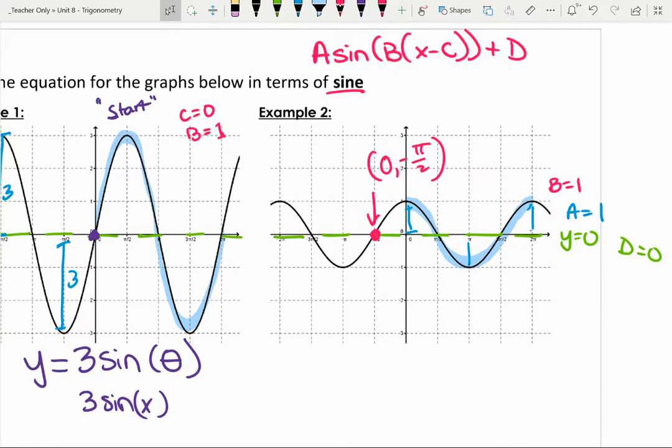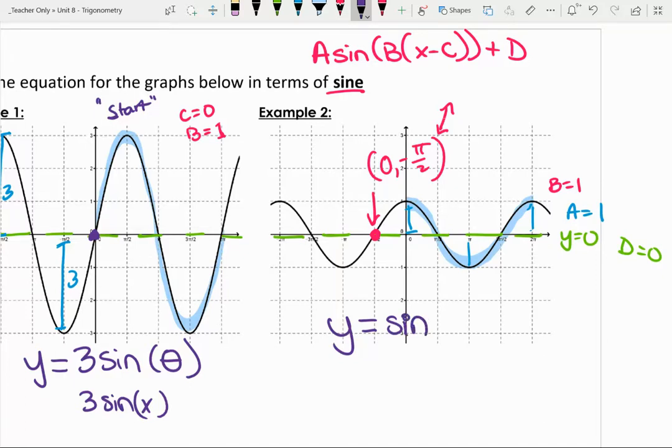Now, if we think about what we know about horizontal transformations in the past, we're going to put this in our formula here as x plus pi halves. So our equation for our graph here is y equals sine. Again, if we have an amplitude of 1, we don't actually need to write that in.